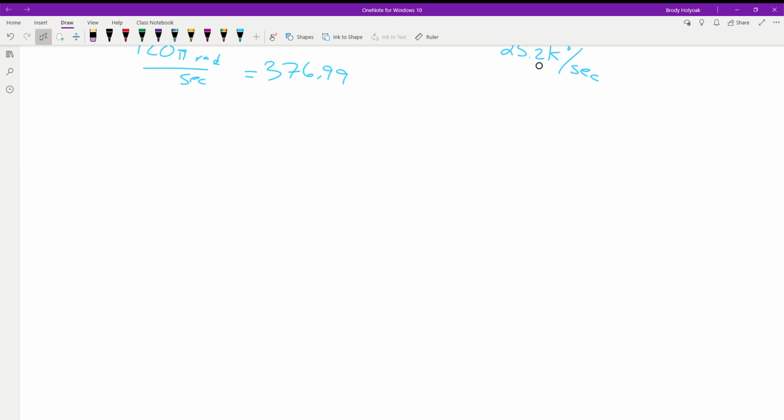Okay, the last one that we have is conversions between degrees and radians, because we're going to use both of these. So remember, 360 degrees is 2 pi radians. Okay?